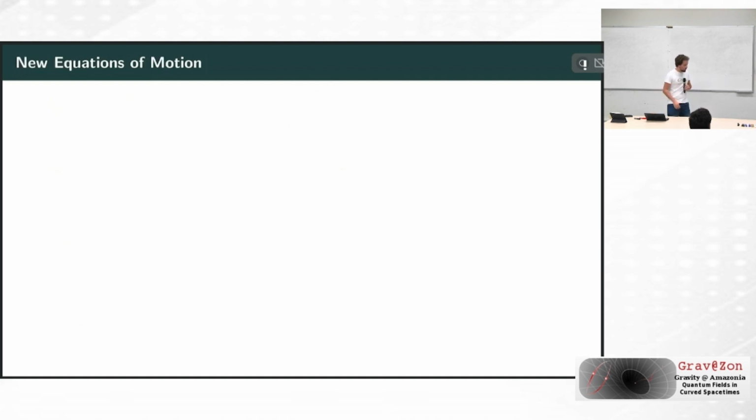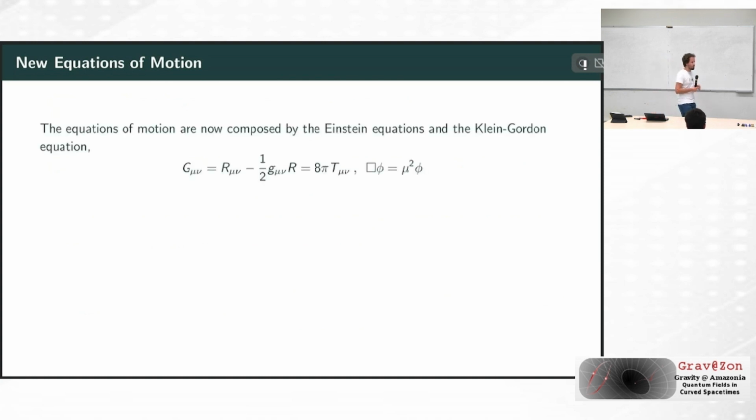Now, obviously you have some new equations of motion, since now you are in Einstein-Klein-Gordon theory. If you compute the equations of motion, you get these equations that you have to solve. Here we have the Einstein tensor that is equal to some energy-momentum tensor associated to the scalar field.